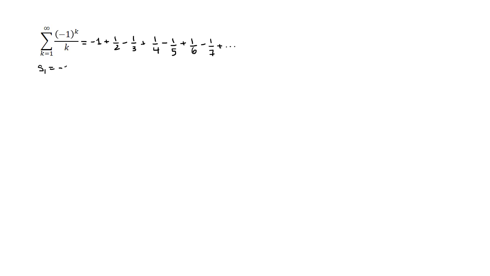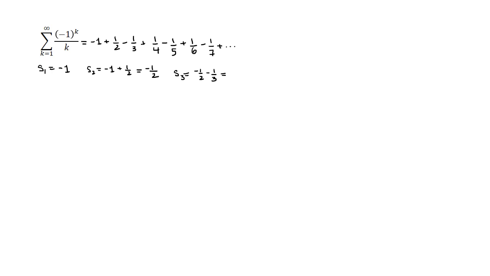S1 is just the first term, so it's negative 1. S2 is the first two terms, so it's negative 1 plus 1/2. So we're adding in this term, so our partial sum is going up. S3 is going to be negative 1/2, the first two terms, minus 1/3.